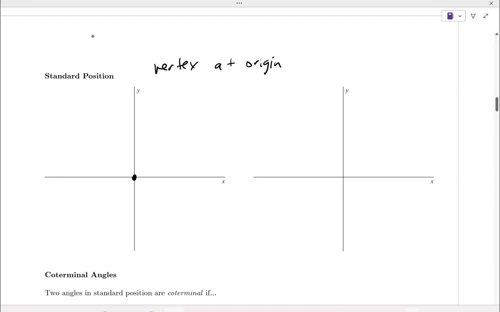Step 2 is initial side always goes on the positive x-axis. So we're fixing a starting point, essentially. No matter what we measure, we're always going to start it from standard position.